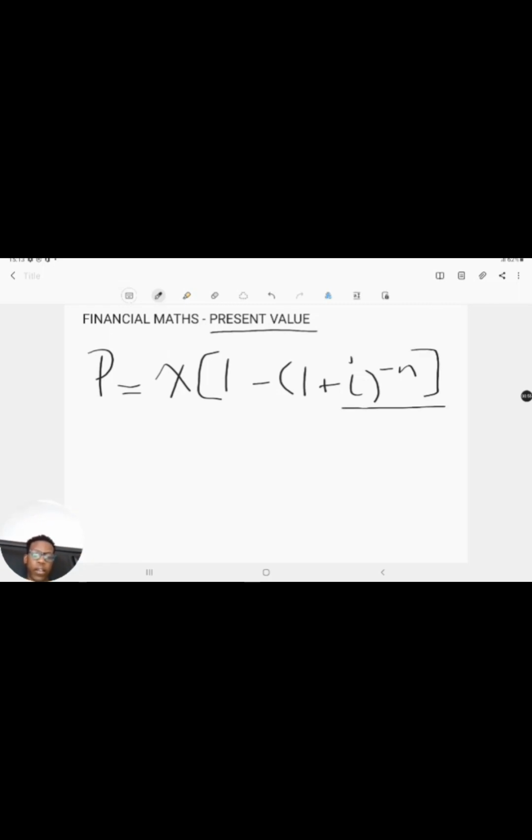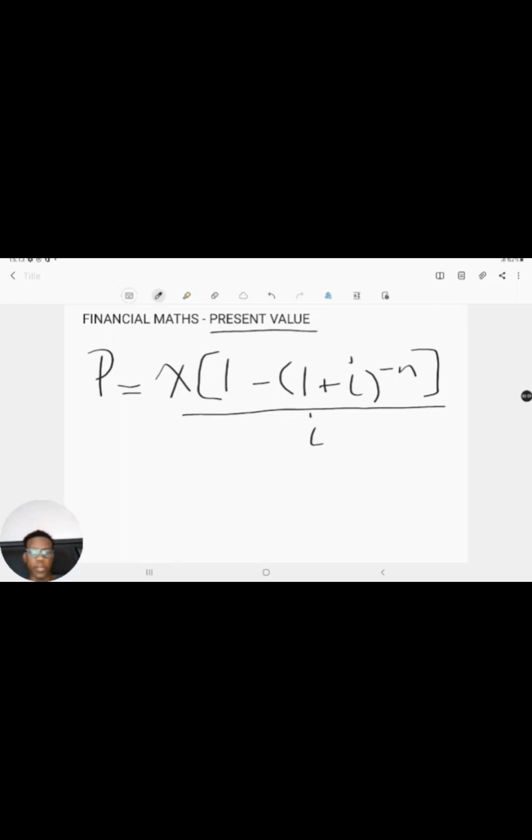Okay, so the equation for the present value annuity is P equals X open bracket 1 minus open bracket 1 plus i close bracket to the power of negative n close bracket, all over i.